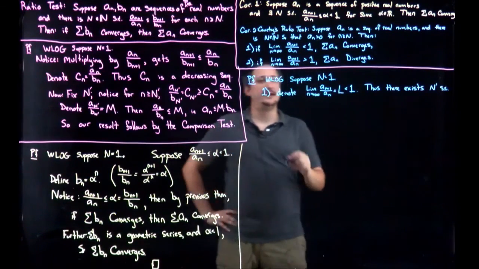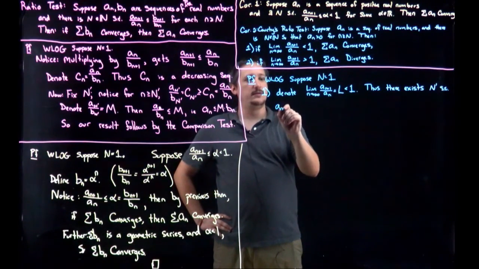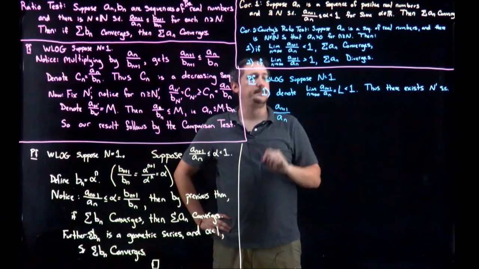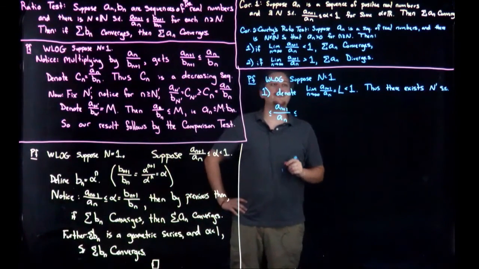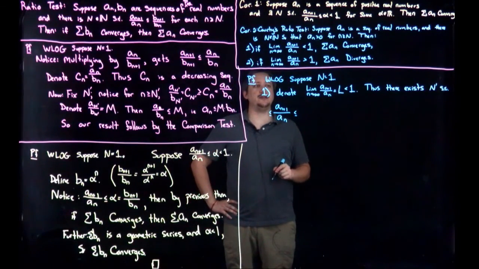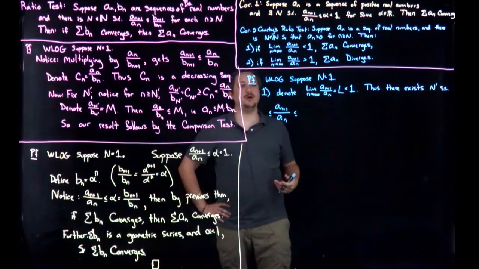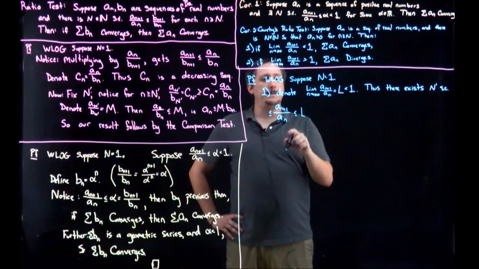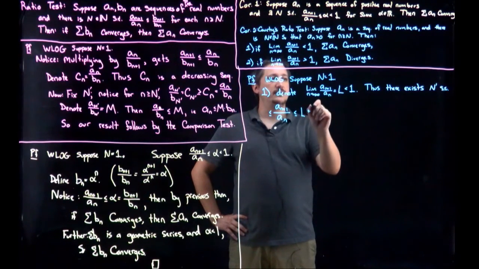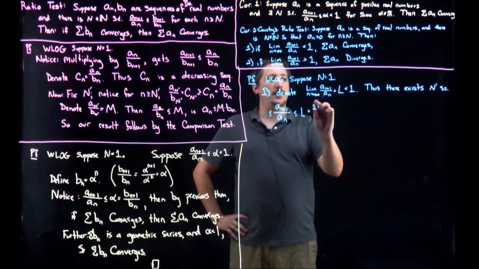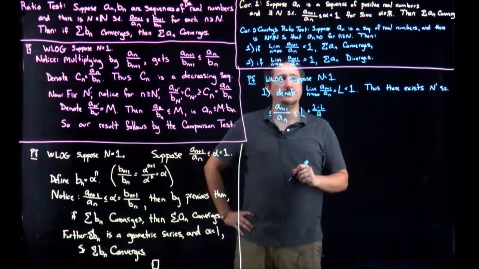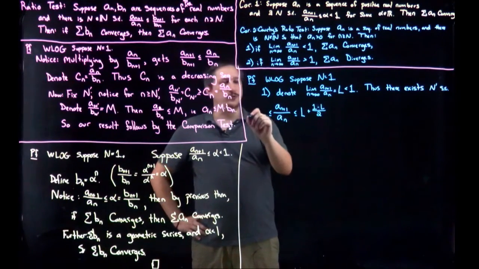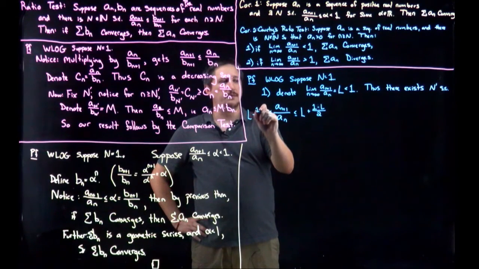In particular, A_{n+1} over A_n is going to be close enough to L that the most it can be is still less than 1. So I want it no bigger than L plus, since L is less than 1, (1 minus L) over 2, which is positive. So this is my epsilon. I don't need this side, but just to make it clear that that's my epsilon, I'm doing L minus (1 minus L) over 2.